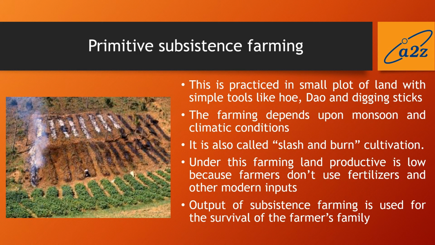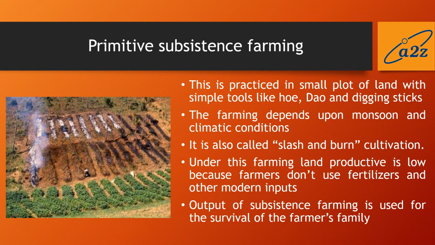So the first type of farming is primitive subsistence farming. This is practiced in small plots of land with simple tools. The farming depends upon monsoon and also climate conditions.